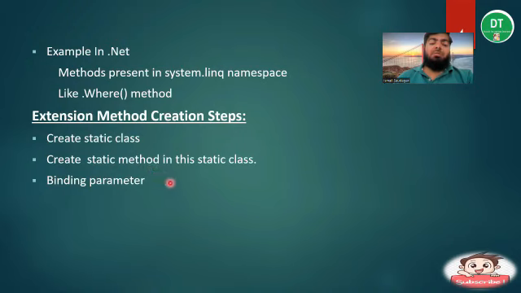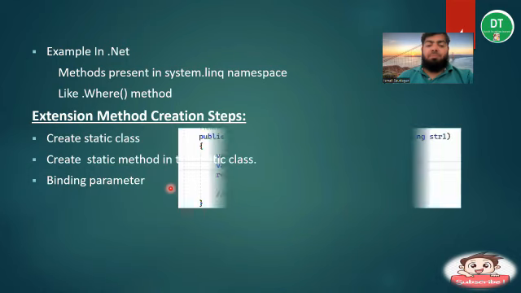The extension method's first parameter will be a binding parameter, which is a parameter of the type to which we are adding this extension method. Type means a class. Suppose I'm adding an extension method to the string class, so the first parameter of this extension method will be of type string, and after that the regular parameters of the method will come.